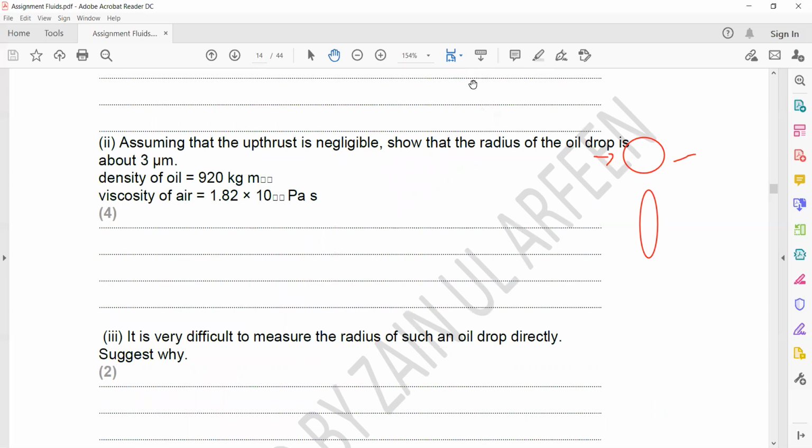Assuming that the upthrust is negligible, show that the radius of the oil drop is about 3 micrometers. Density is given and the viscosity of the air, 1.82 × 10^-5.